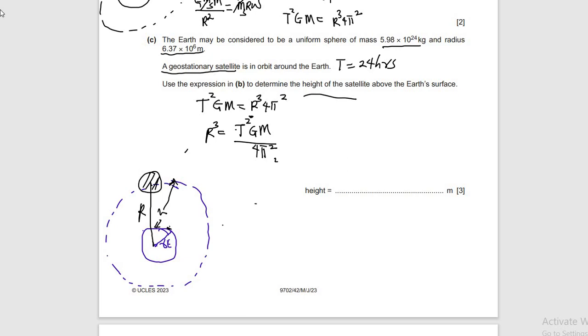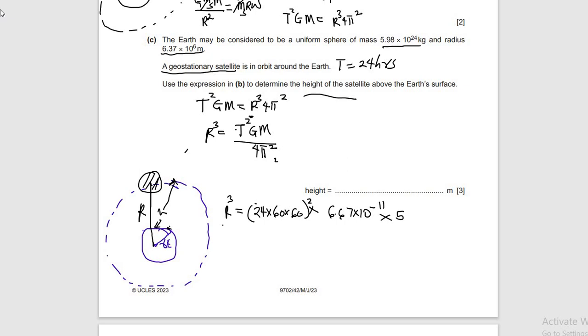Okay, so we have r cubed. T squared is 24 hours. One hour, we have to convert it to seconds. It is 60 minutes, so 60 times 60, all squared, multiplied by G. G is 6.67 times 10 to the power minus 11 multiplied by the mass.